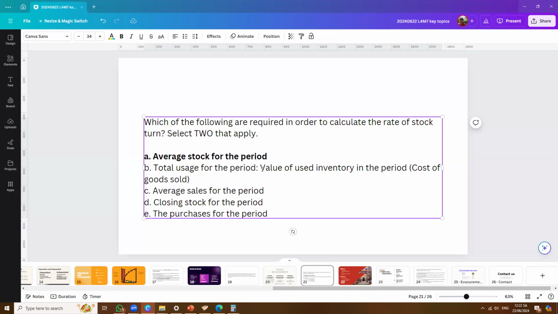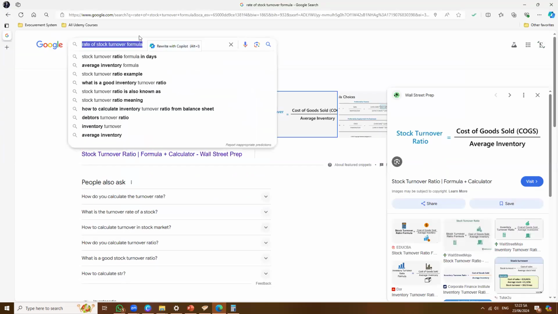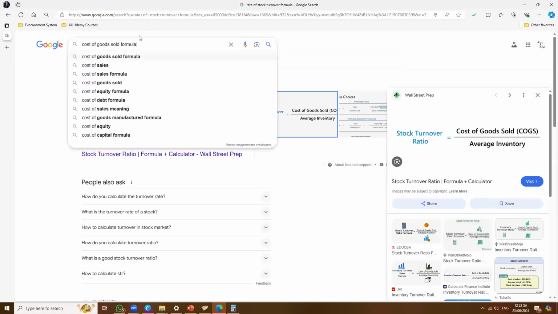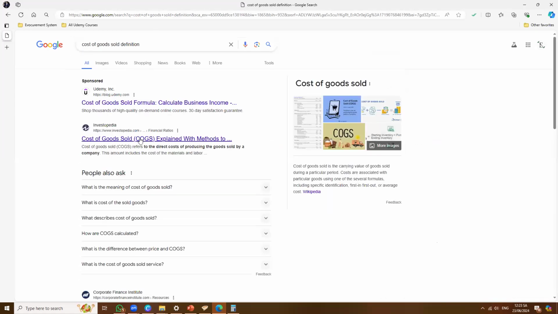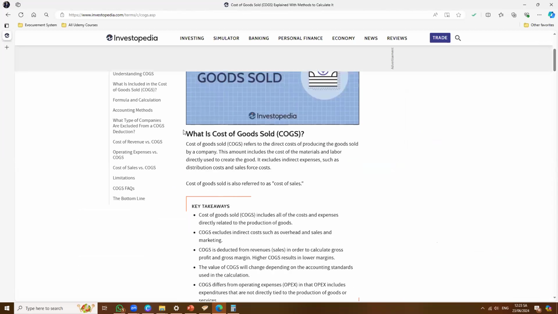You can even search for the definition of cost of goods sold from the internet.